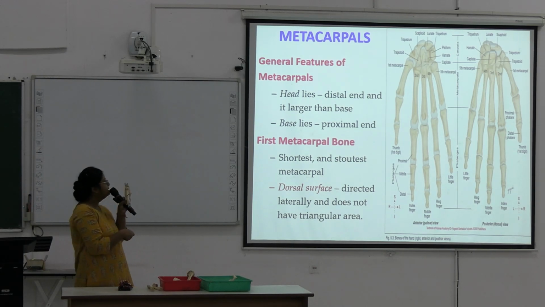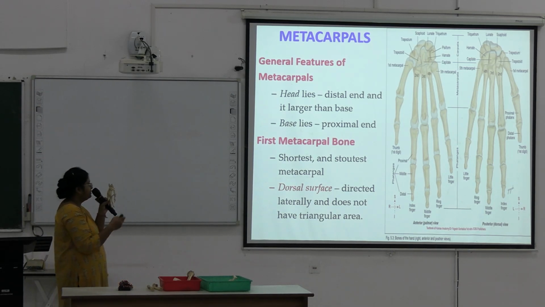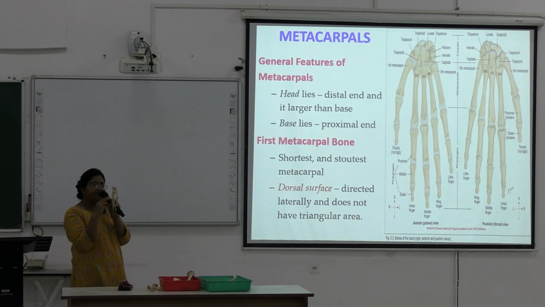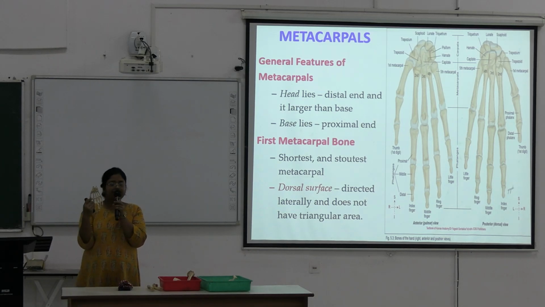The first metacarpal is the shortest and stoutest metacarpal, and its dorsal surface is directed laterally. For the rest of the metacarpals, the dorsal surface is directed posteriorly in anatomical position, but the first metacarpal is rotated 90 degrees medially so that the thumb can oppose the other fingers.